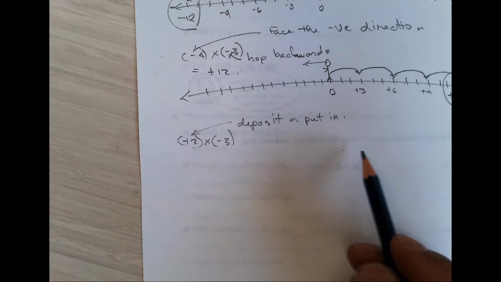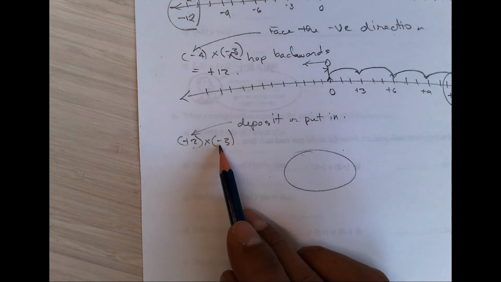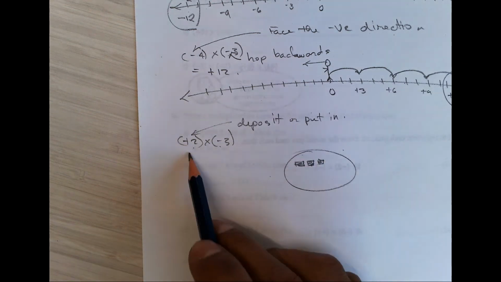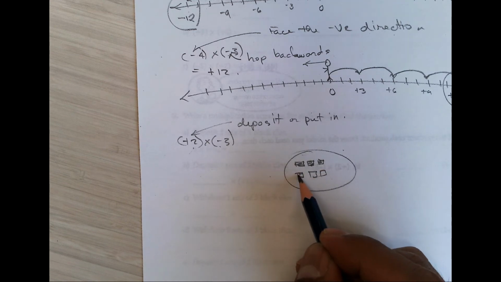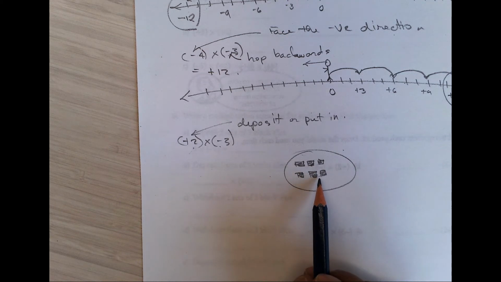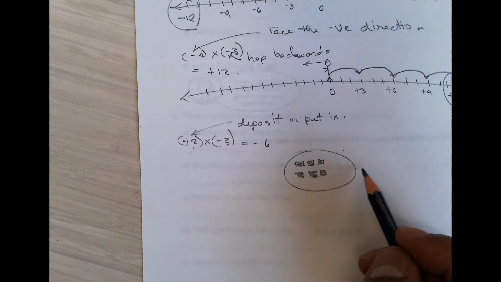Here's our bank, and it wants us to put 3 negatives in there, two times. Here it is. I put in 3 negatives in there twice. So what is this equal to? This is equal to 6 negatives.